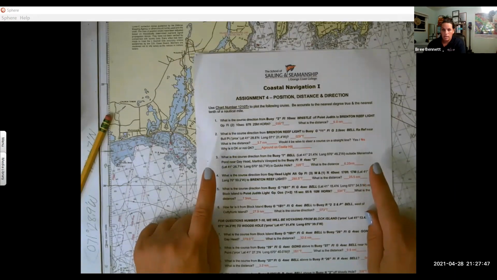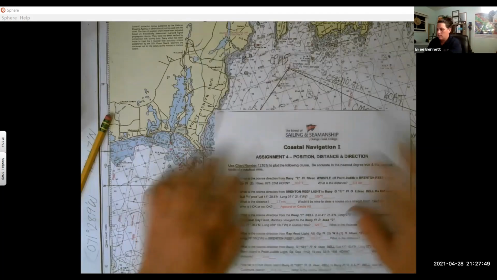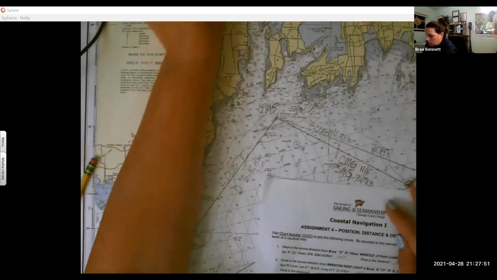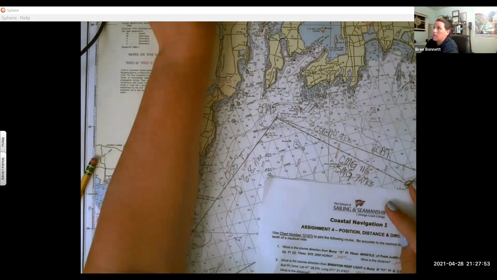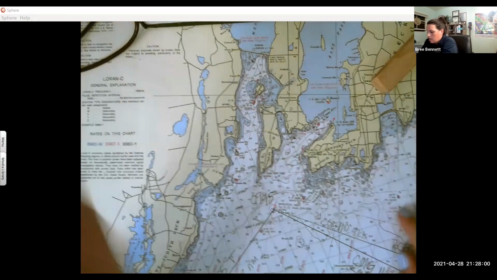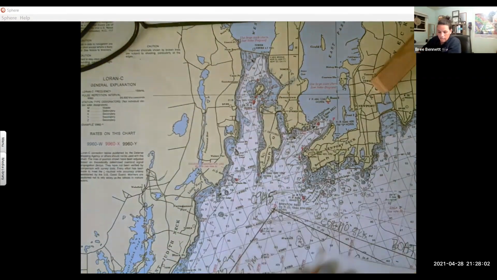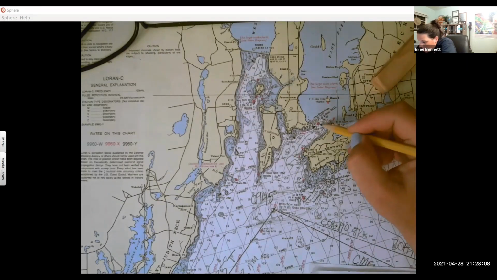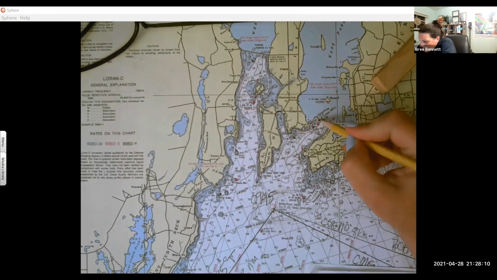Now for number 2, looking for buoy 11. And that is going to be this green buoy 11 right up here.